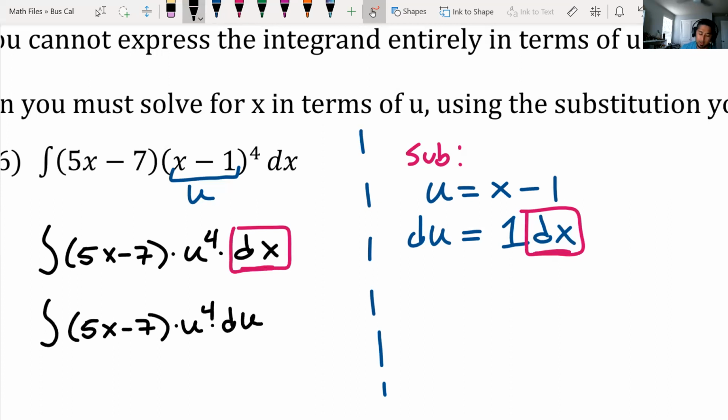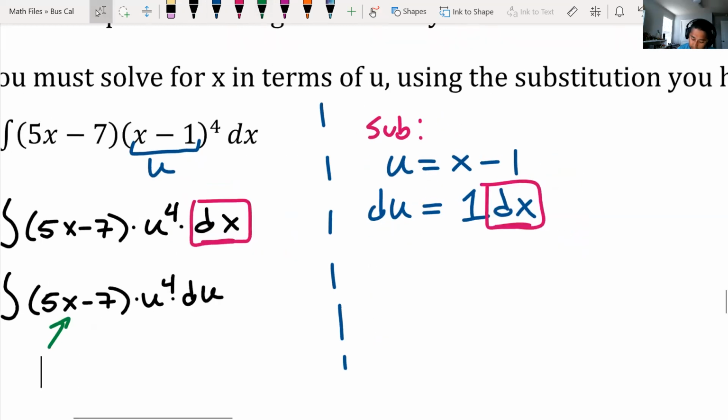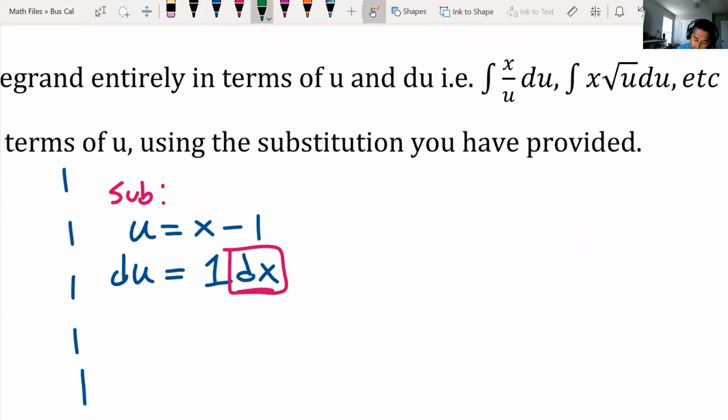But now we have a problem because we need to make this integral all in terms of u, and this x is messing everything up. So we have to get rid of that x. And the only way to do so is to take our original substitution and solve it for x. So here's what we're going to do.